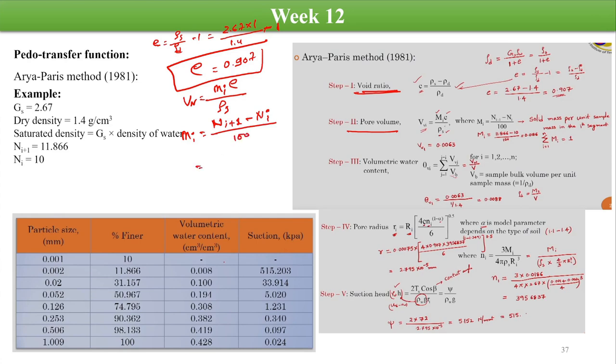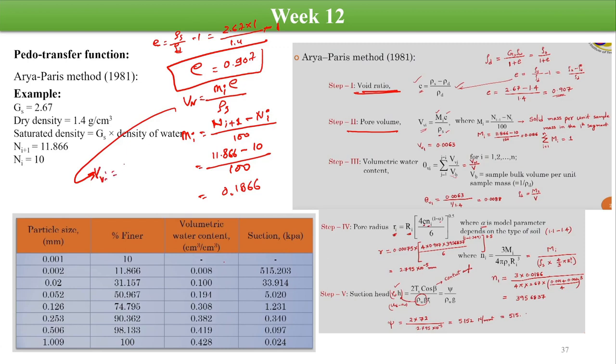So the Ni plus 1th section is 11.866 minus the Nith section 10, divided by 100, so it will give you 0.01866.